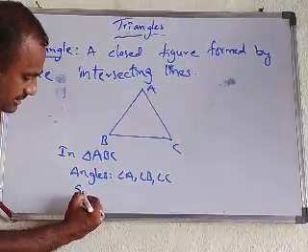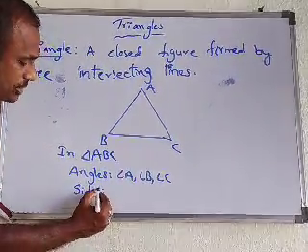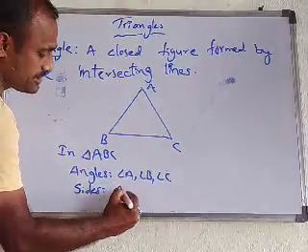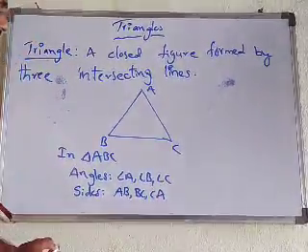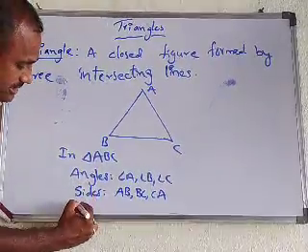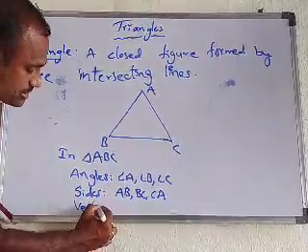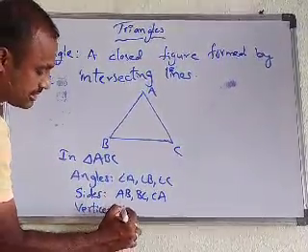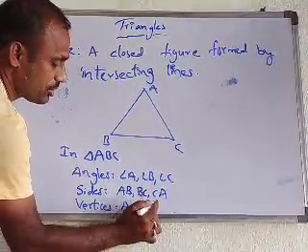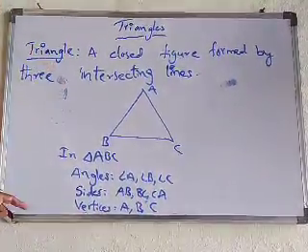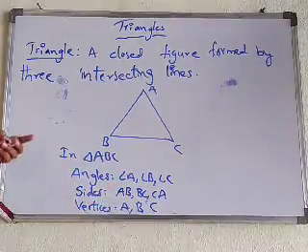Next, sides, we have three sides. Sides are denoted by two letters: AB side, BC side and CA side or AC. So sides, angles, last one is vertices. We have three vertices: vertex A, vertex B and vertex C.